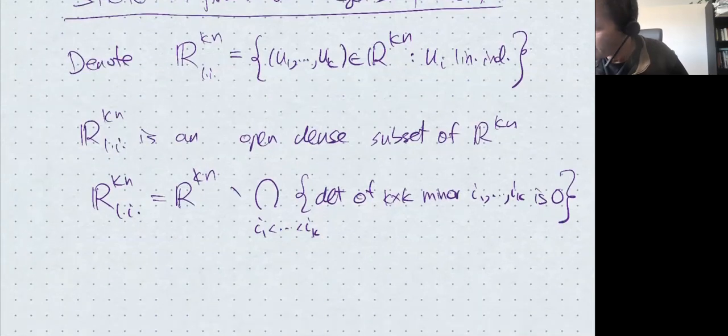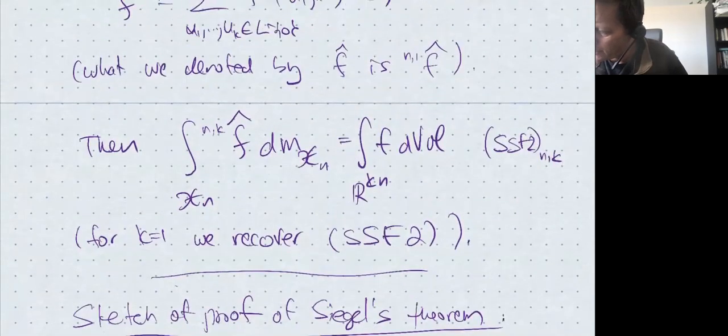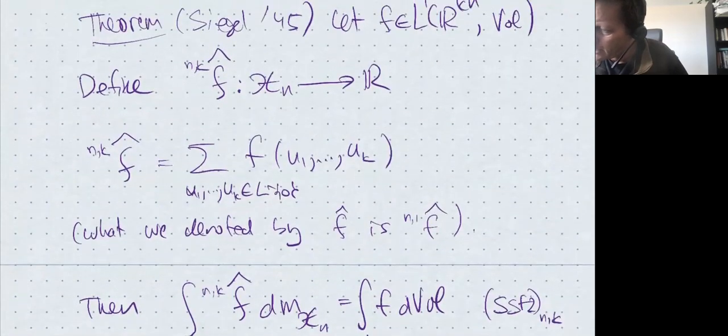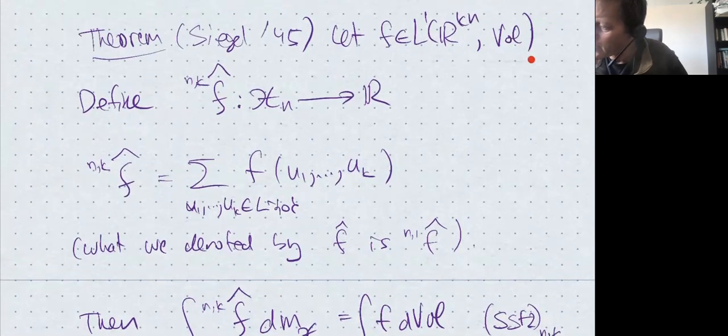The theorem is about functions which are L1 functions on R^kn, and we already saw many times that it's enough to prove such theorems for a dense collection, because this is an isometry in L1.